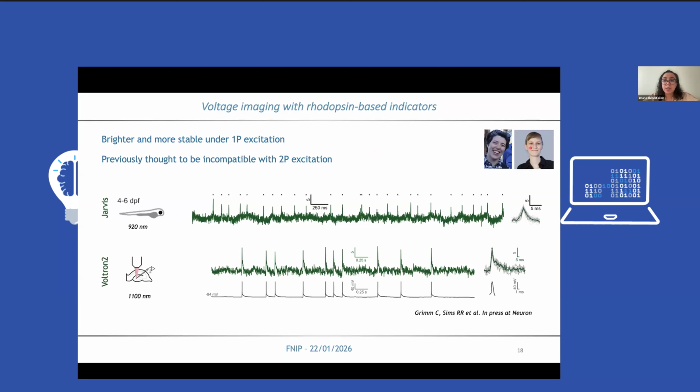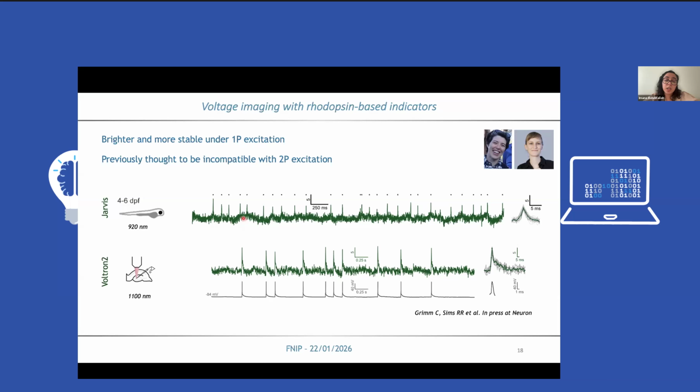However, in the lab, we had Chrissy here, who just could not understand why this could not be possible. So she developed a new indicator that she called Jarvis. It's also a green indicator, as most of them are. She expressed it in the zebrafish, and she was able to record spontaneous activity in the brain of the fish under scanless excitation.